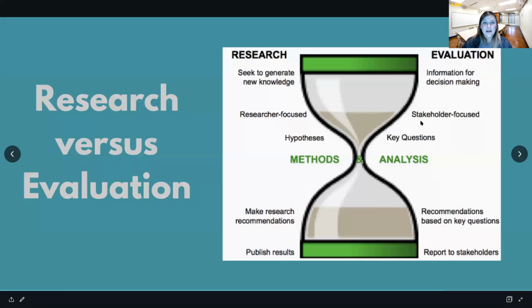For example, in an agency setting, when we're evaluating a program, the clients could be stakeholders, our funders could be stakeholders, our clinicians are stakeholders, the supervisors are stakeholders.